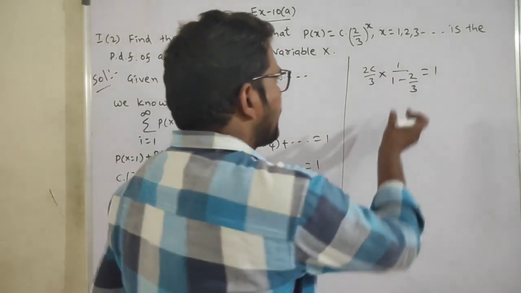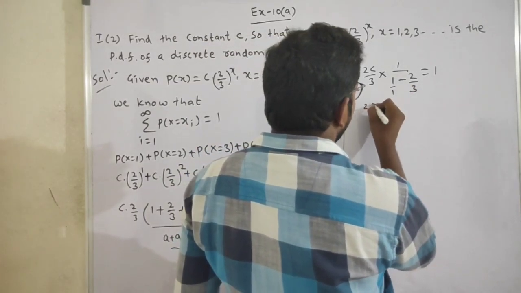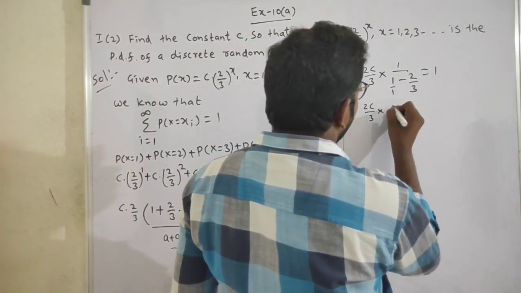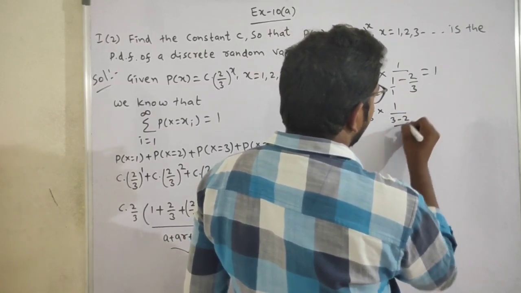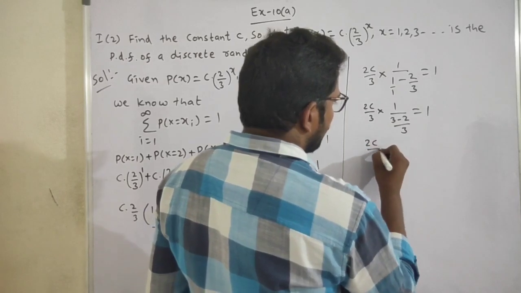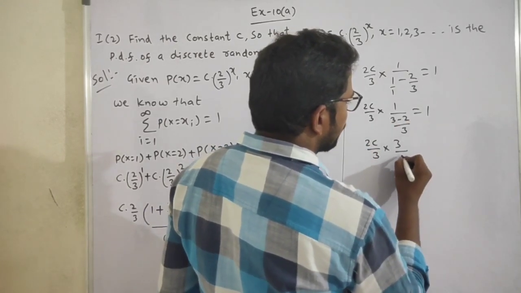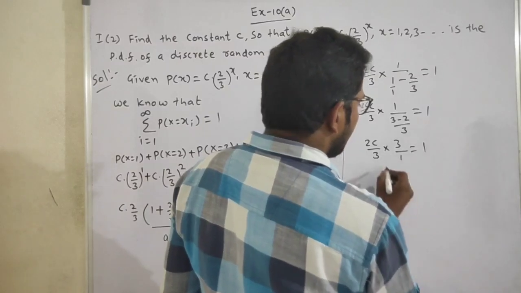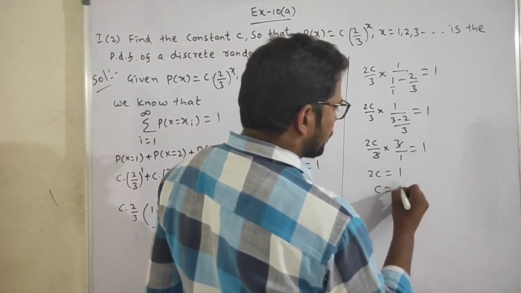Okay? So what is the LCM? 3 is the LCM. 2c by 3 into 1 by (3 minus 2 by 3) is equal to 1. This 3 becomes a reciprocal: 2c by 3 into 3 by (3 minus 2), that is 3 minus 2 is 1, is equal to 1. So 3 cancels, 2c is equal to 1, c is equal to 1 by 2.